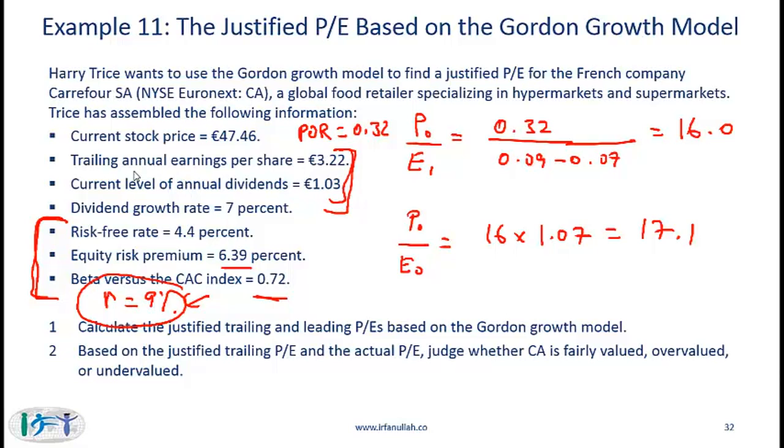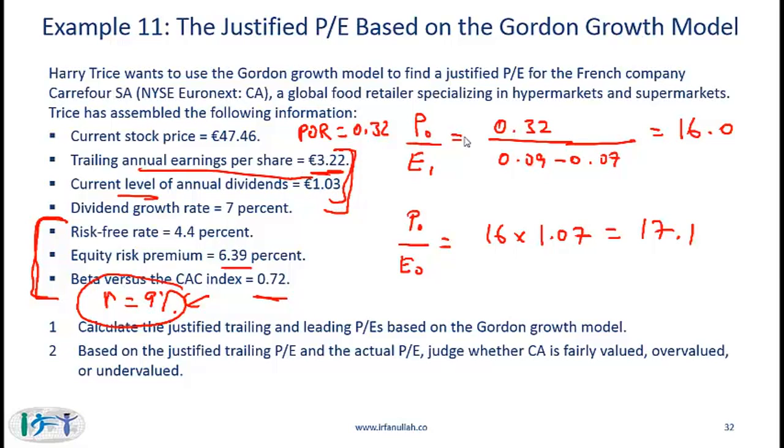To compute the payout ratio, the earnings and the dividends have to be for the same period. The trailing earnings are 3.22 and the current level of annual dividends, which come from these earnings, equal 1.03. The payout ratio is 0.32.